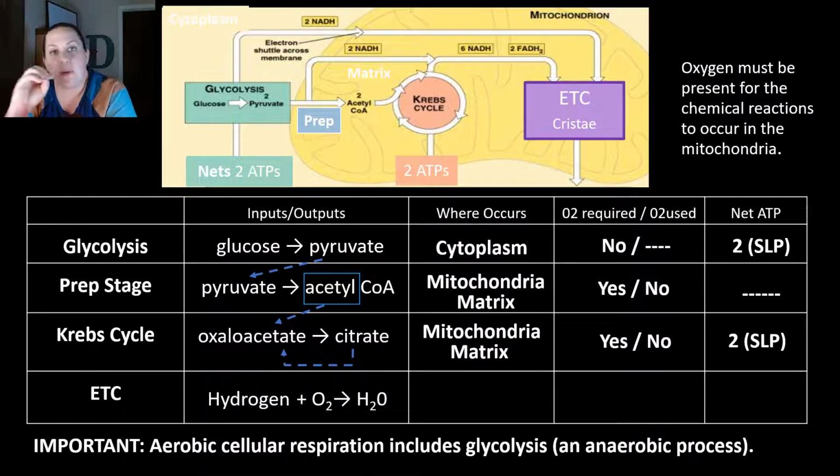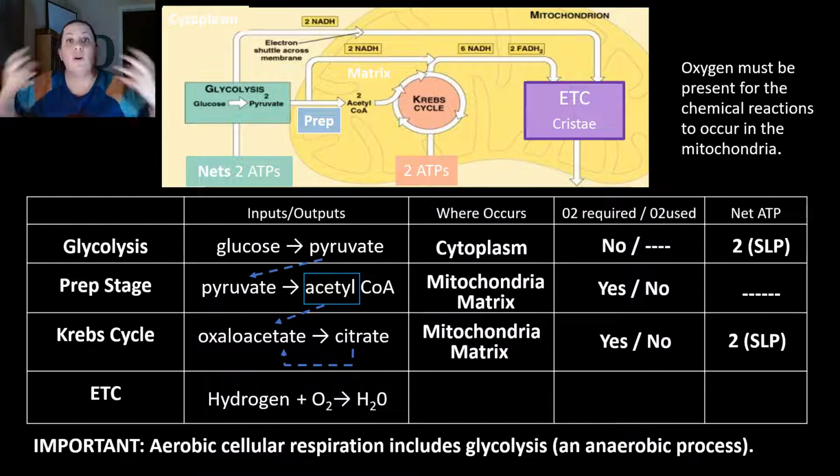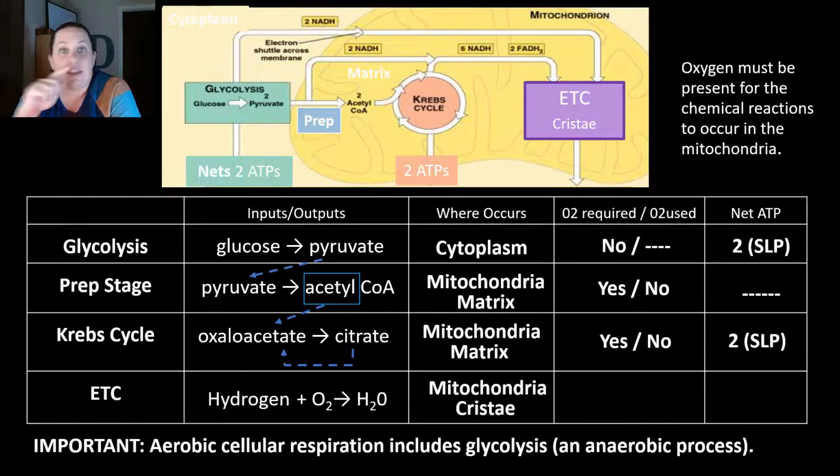Now, through these processes, glycolysis, the prep stage, and the Krebs cycle, hydrogens are constantly being broken off, and they are going to travel with the help of NAD and FAD to the electron transport chain. These hydrogens are going to get dropped off, and oxygen is going to be present to help make water. This takes place in the mitochondrial cristae, the folded part of the mitochondria.